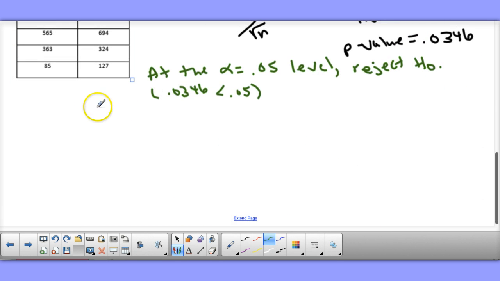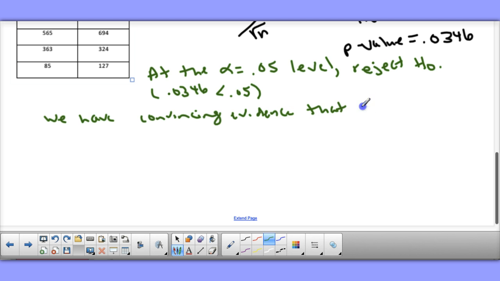Well, we rejected the null hypothesis, so yes, we have convincing evidence that the express lane is faster. So one of the questions that you might ask yourself then is, how much faster? And to answer that question, we would do a confidence interval. So let's do that real quick.